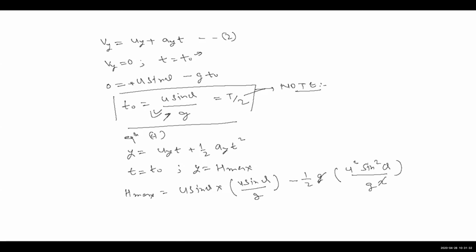Cancel out. This will be u square sin square theta upon g minus u square sin square theta upon 2g. That will give you u square sin square theta upon 2g. This is your h max.